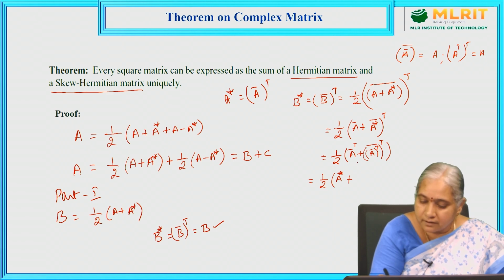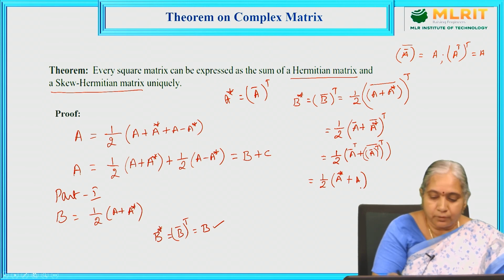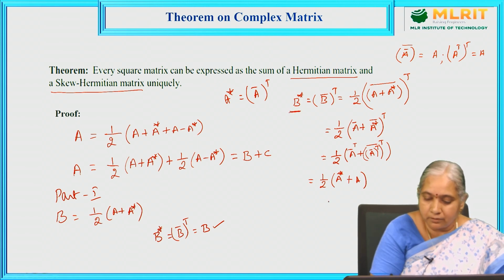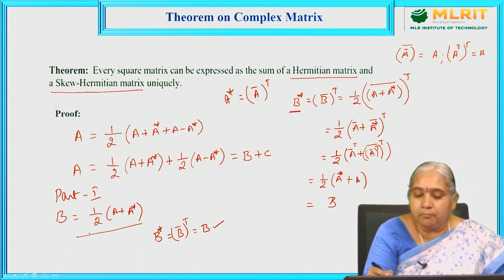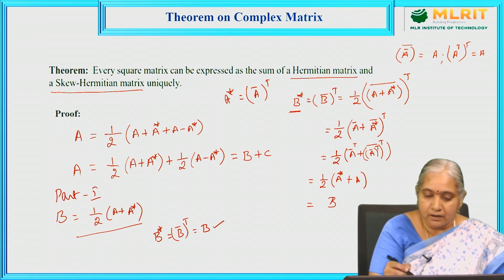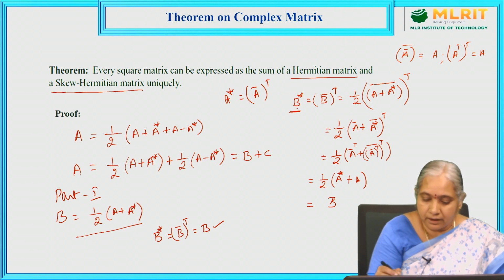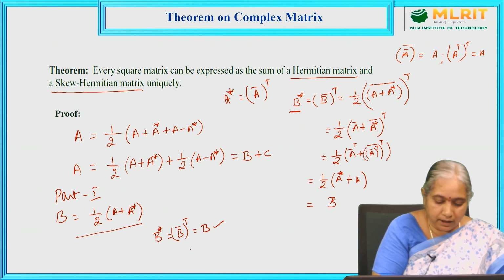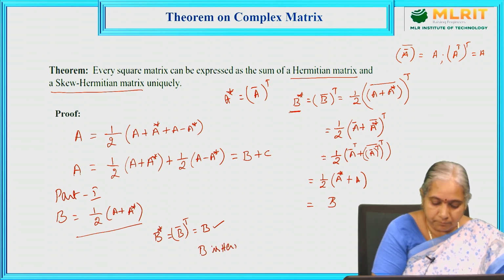So this is A. So 1/2 into A star plus A. So B star equals B. Here we have applied the definition of a conjugate transpose matrix, that is B star equals B. So that's why we say that B is a Hermitian matrix.